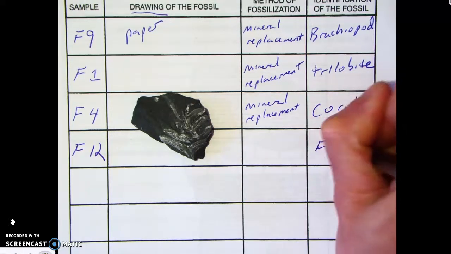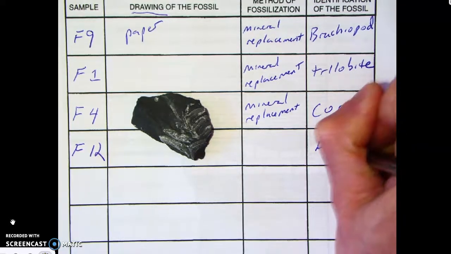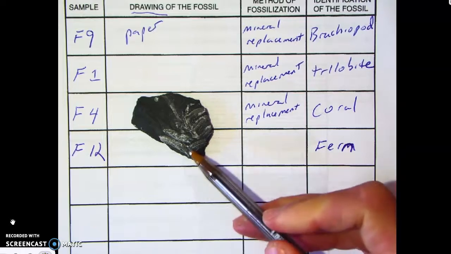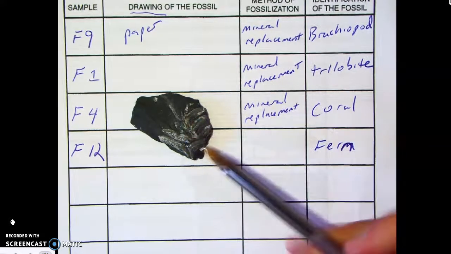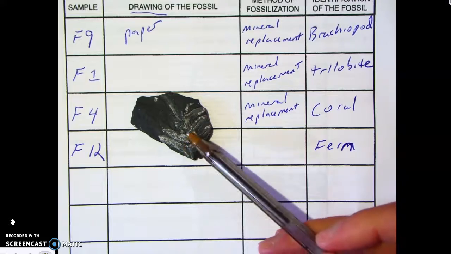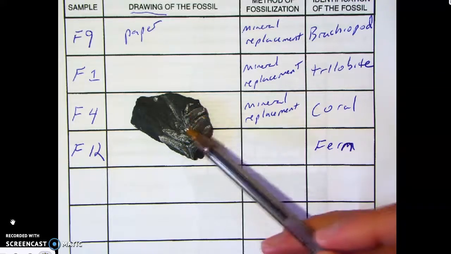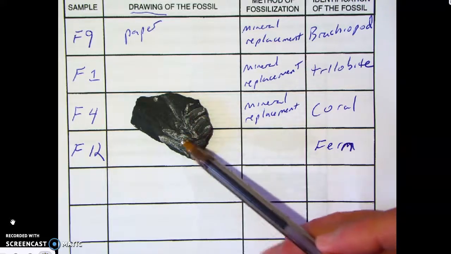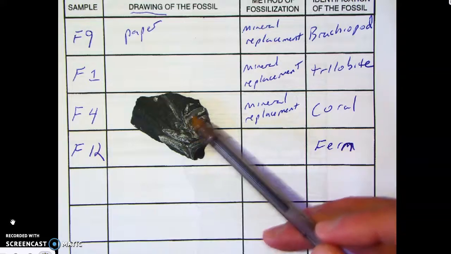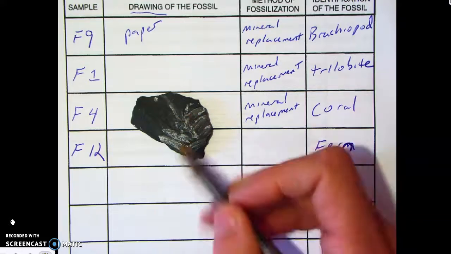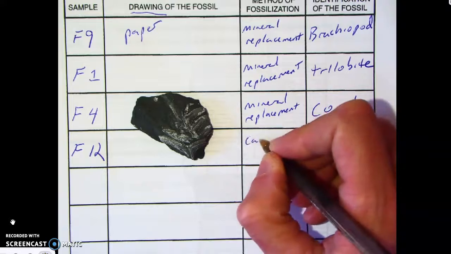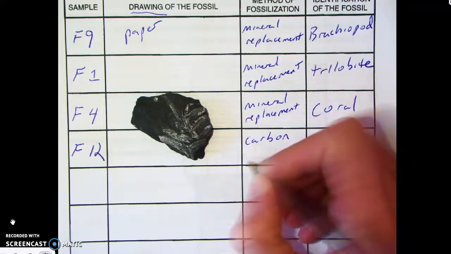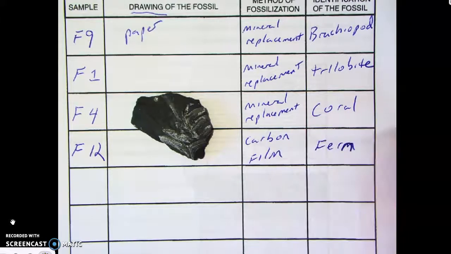We saw that large fossil fern that I have in another video. Here's a similar piece. This is from Pennsylvania, and we have the carbon remains of the fern on the surface of this shale. So this is a carbon replacement, or carbon film form of preservation.